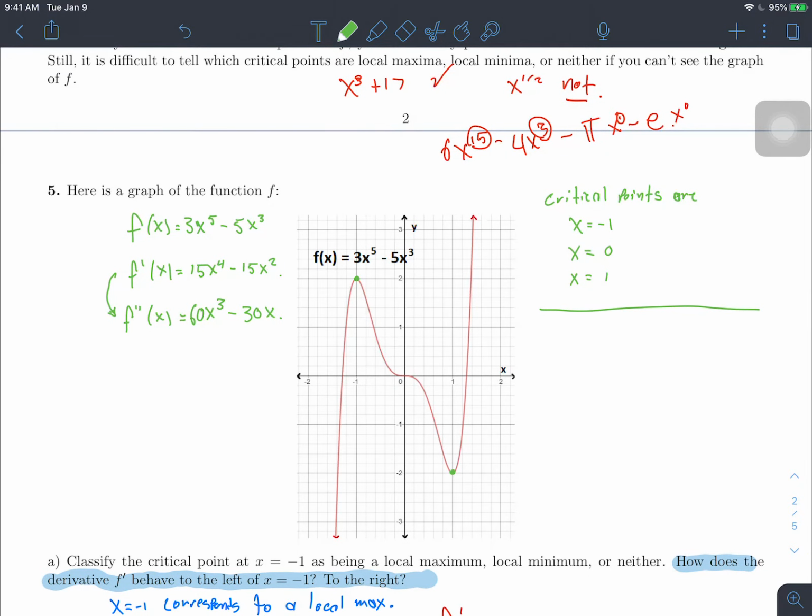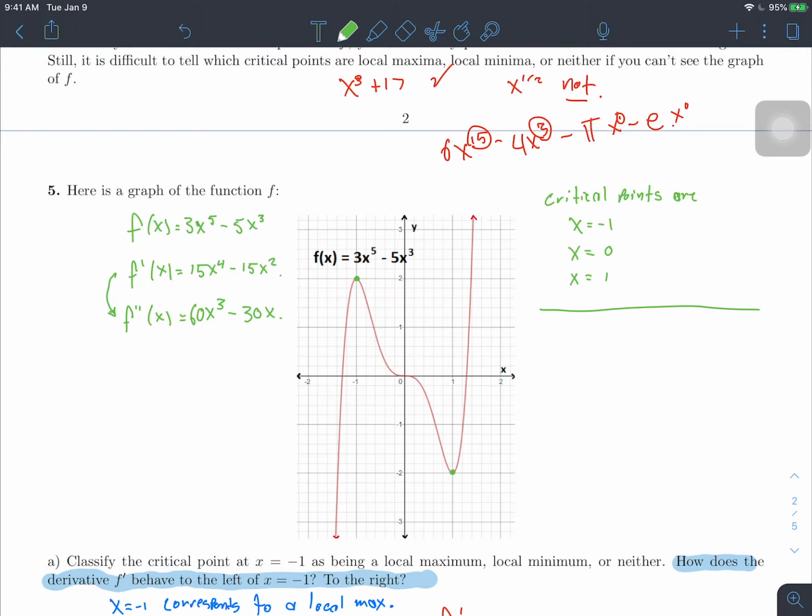Now, remember, if we want to describe the concavity of our function, the concavity has to do with the sign of the second derivative. If the second derivative is positive, what will my concavity be? Concave up. Very good. If the second derivative is positive, we'll be concave up.